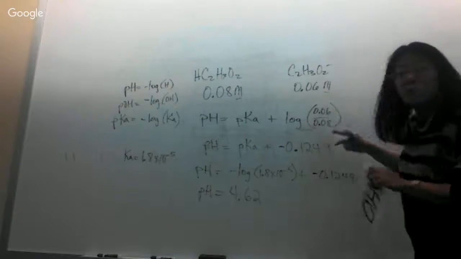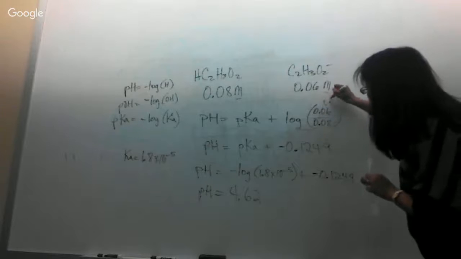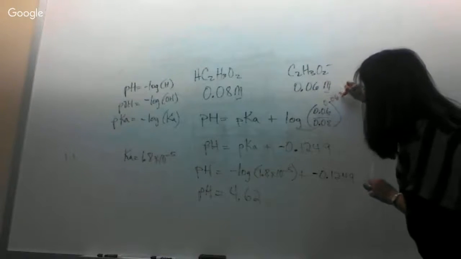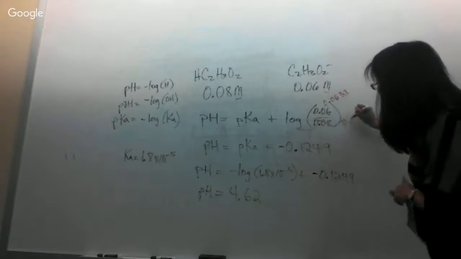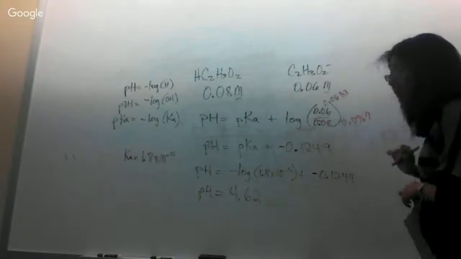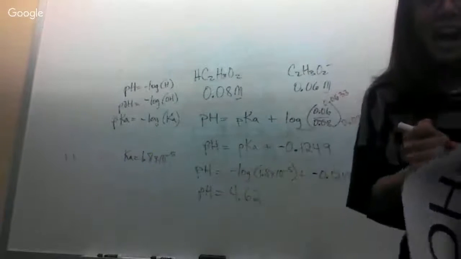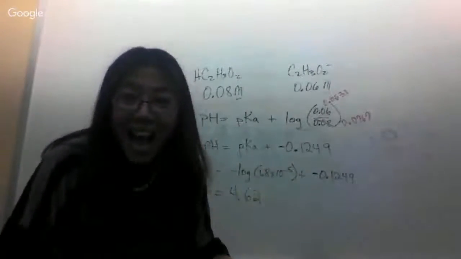So remember the top number is the base. So if I add base, then this number goes up to 0.633. Remember that? And then this number would go down to 0.767. Remember that? Okay? Boom. Divide that, and you'll get the right pH again. I love this equation, and you don't have to do an ICE table. How great is that?